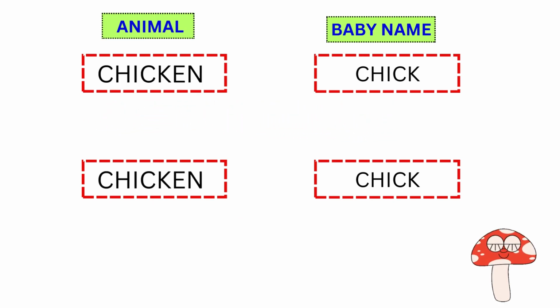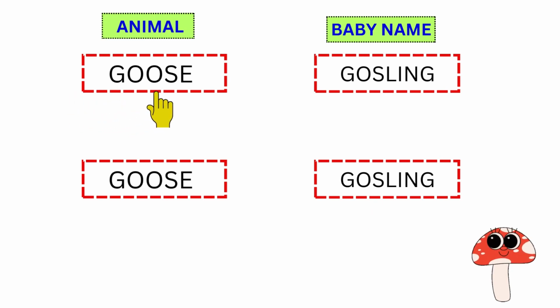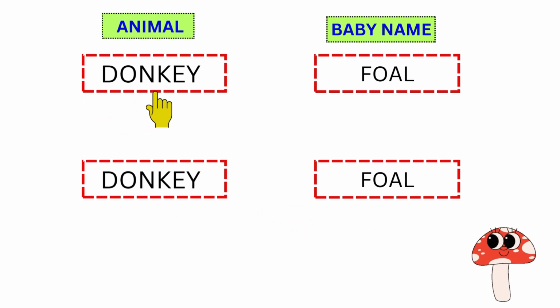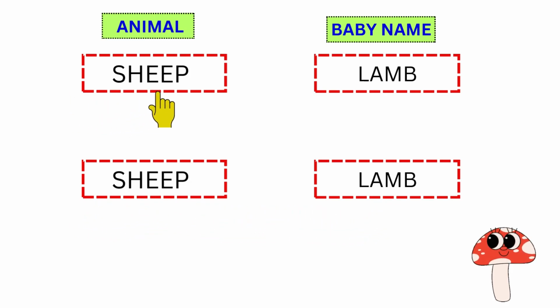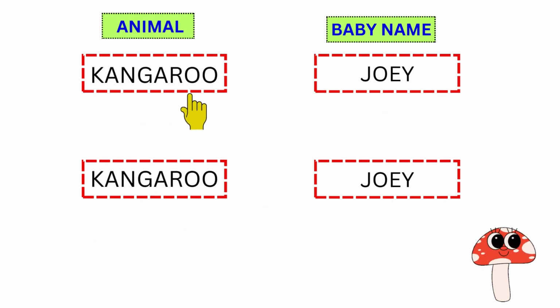chick, chicken, chick. Goose, gosling, goose, gosling. Donkey, foal, donkey, foal. Sheep, lamb, sheep, lamb. Kangaroo, joey, kangaroo, joey.